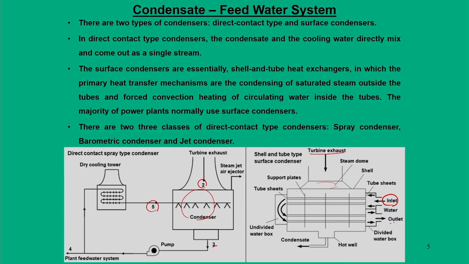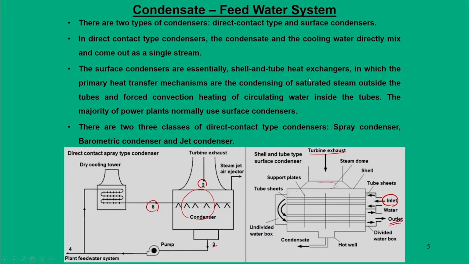At the end, the outlet temperature of the circulating water reaches a maximum value. That is the reason we ensure the water passes through multiple tube sheets, called a 2 pass, 3 pass, 4 pass, and so on. In that sense we get the maximum utilization of heat while the steam releases heat to the cooling water.